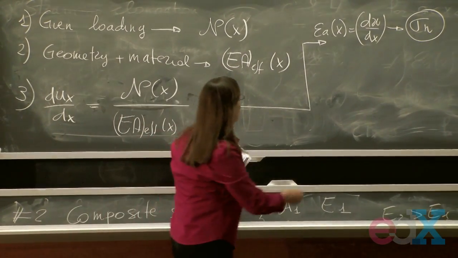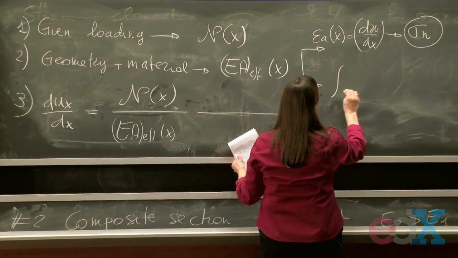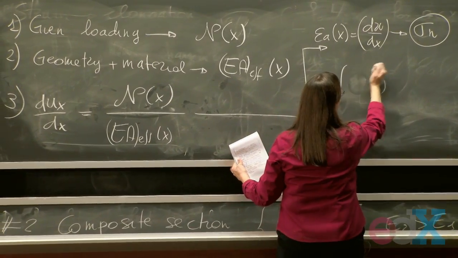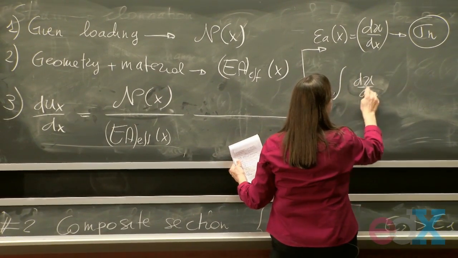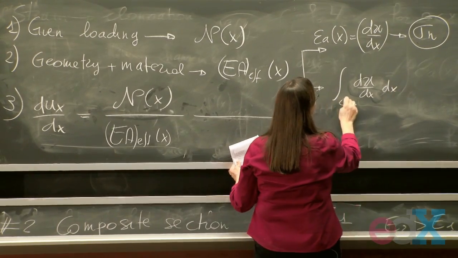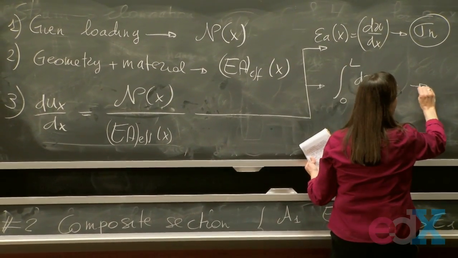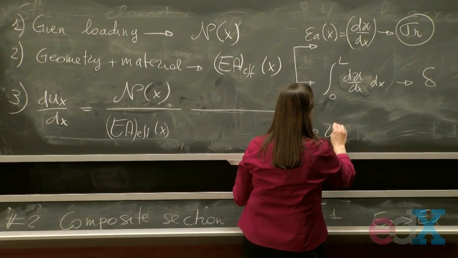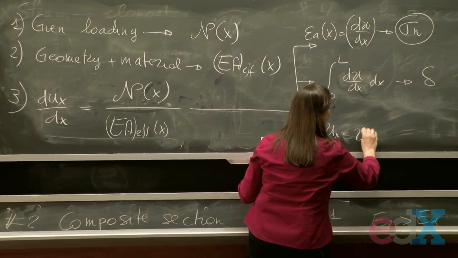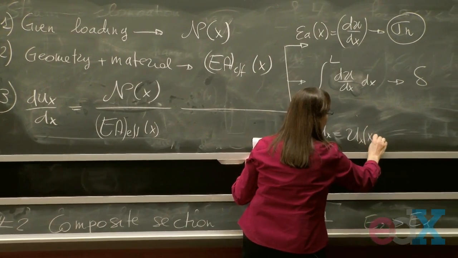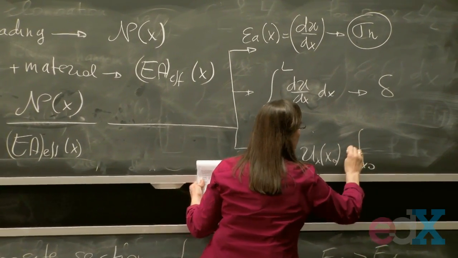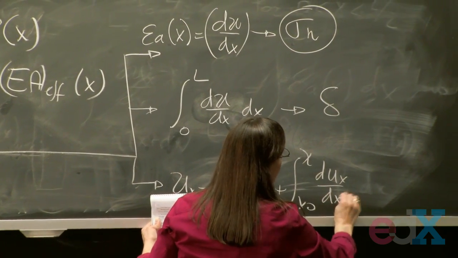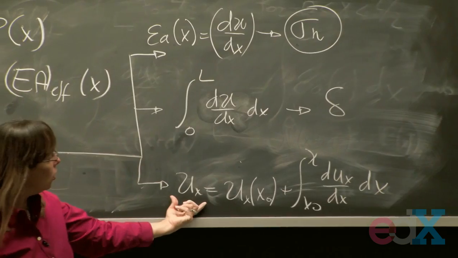Boom. You can integrate epsilon a of x, or du/dx. Let me write it as du/dx. You can integrate du/dx dx over the whole length of the bar, and you get your elongation. You can integrate from where you know to where you want it, du/dx, and you get the whole displacement field.